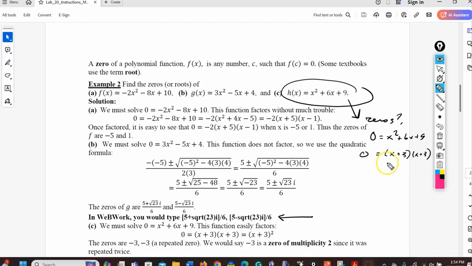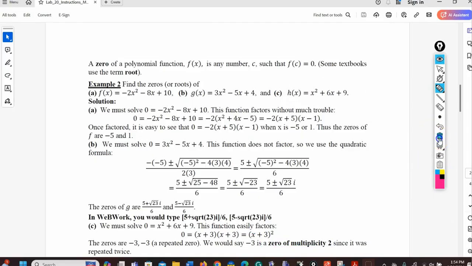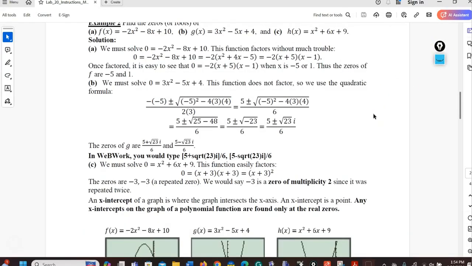And so what solves this? If x is -3, so the zero is -3. Negative 3 is a repeated zero, so we say -3 is a zero of multiplicity 2, but there's only one distinct zero, -3. Okay, so let's continue.